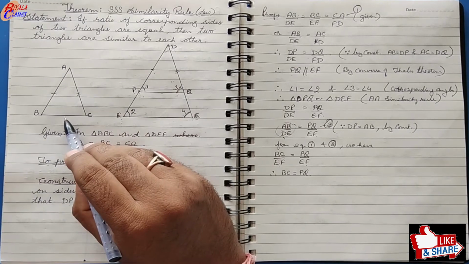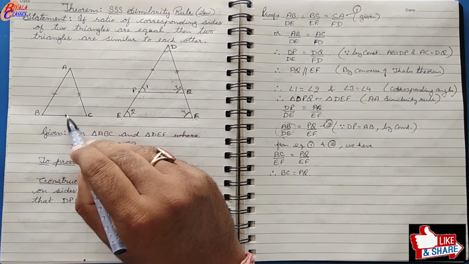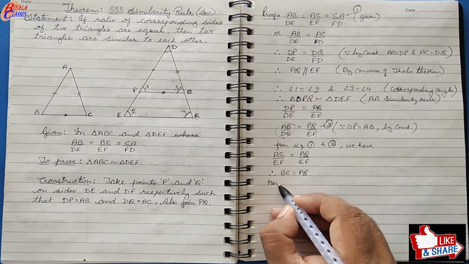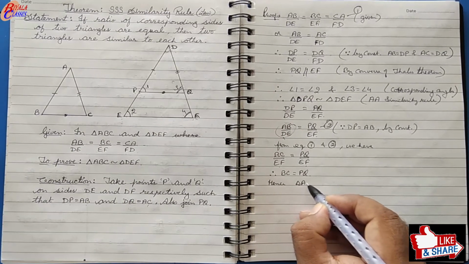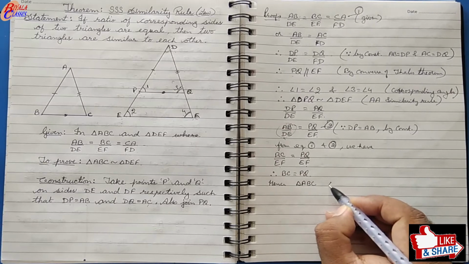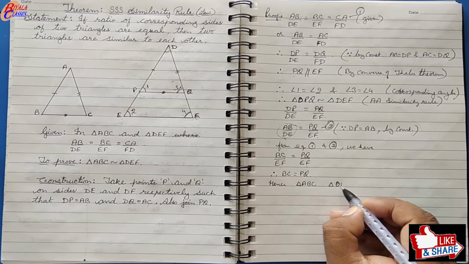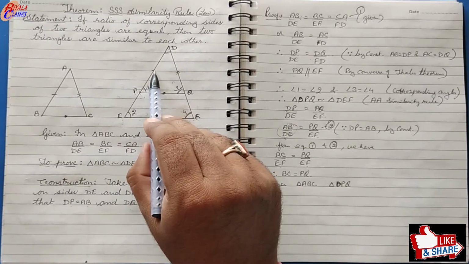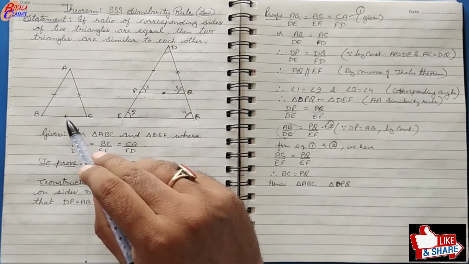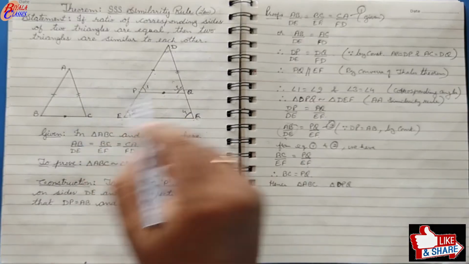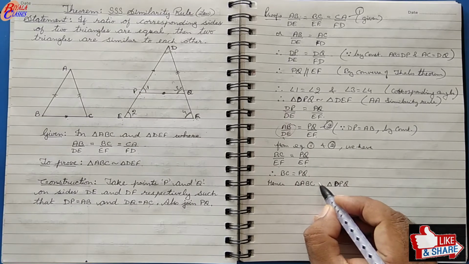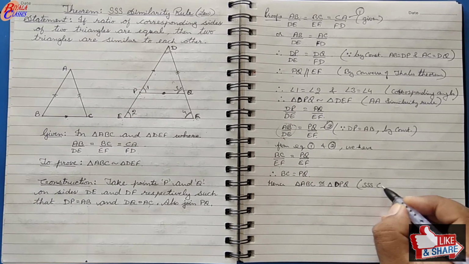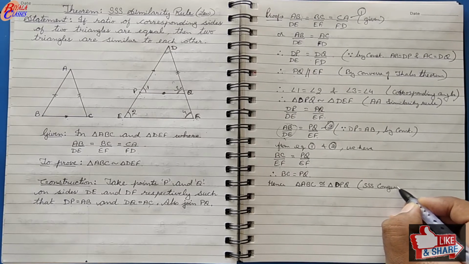So this side BC is equal to PQ. And now in triangle ABC and triangle DPQ, AB is equal to DP, AC is equal to DQ, BC is equal to PQ. So in these two triangles all three sides are equal, hence they are congruent to each other by the SSS congruence rule.